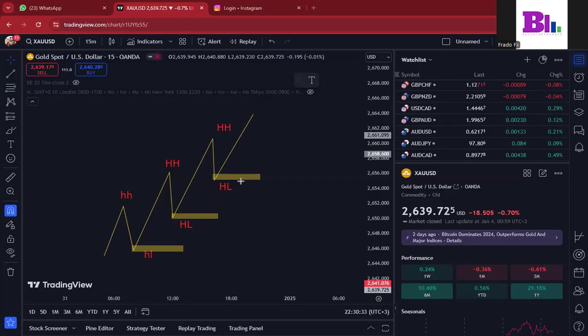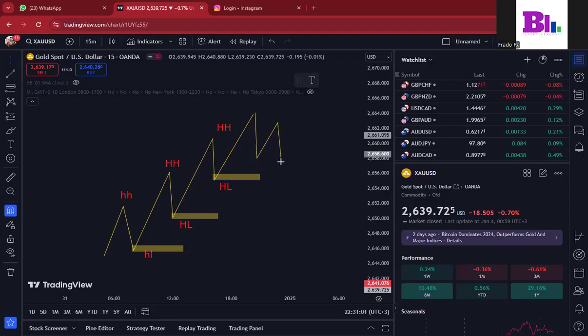Okay, so how will you know that this change of character is a reversal? First of all, you have to play with the market. Sometimes the easiest way to identify it is to look at a downtrend structure mapping. For example, when you have this kind of structure and you see these moves, let's take an example.